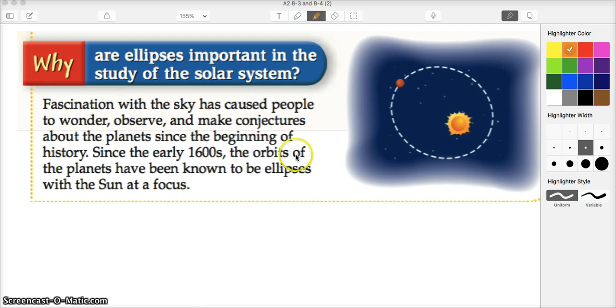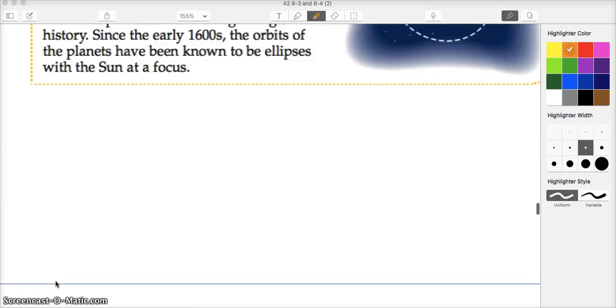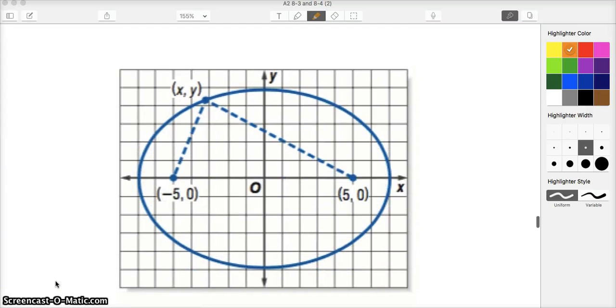Isn't that kind of cool? So instead of the sun being the center, it's at a focus, and I'm not sure why or how, but that's an interesting observation. The sun is at one of the foci, and you've got planets with an elliptical orbit. That's one of the reasons why we study it. It's kind of beautiful when you see all this stuff come together.